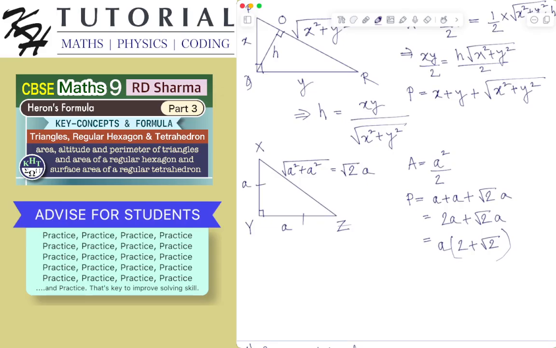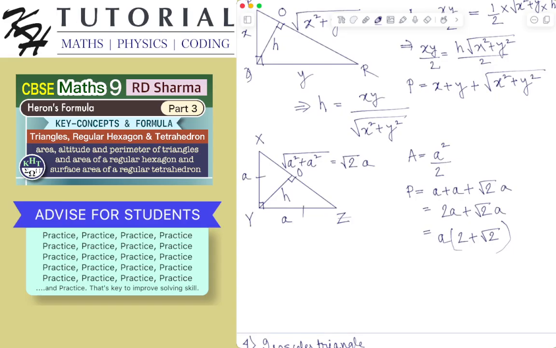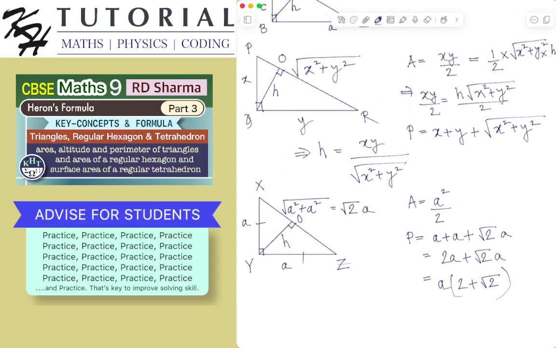Okay. Now what will be the altitude? The two altitudes are clearly a because xy and yz are two altitudes and they are of equal length a. What will be the altitude corresponding to the side xz, that is the hypotenuse? Let's say this is h. So we found that h is equal to xy divided by square root of x square plus y square.